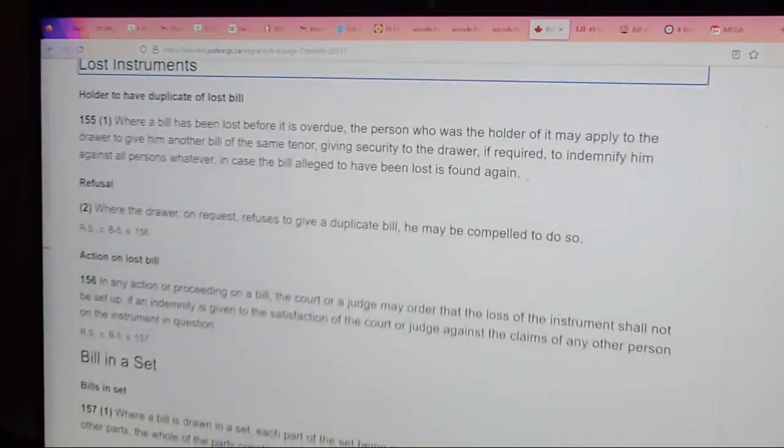Lost instrument. Holder to have duplicate of lost bill. 155.1. Where a bill has been lost before it is overdue, the person who was the holder of it may apply to the drawer to give him another bill of the same tenor, giving security to the drawer, if required, to indemnify him against all persons whatever, in case the bill alleged to have been lost is found again.